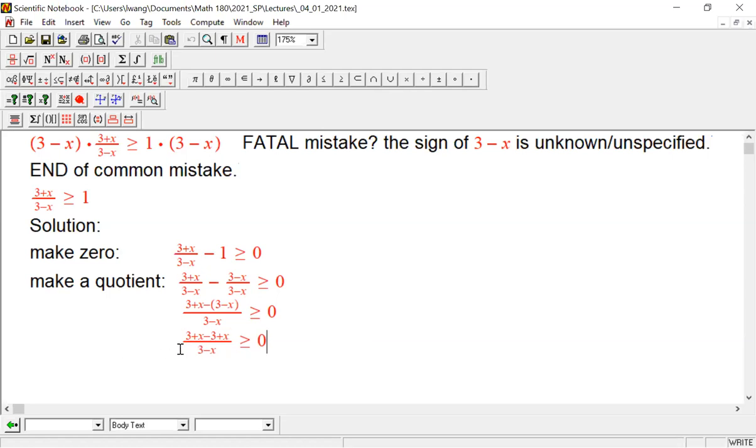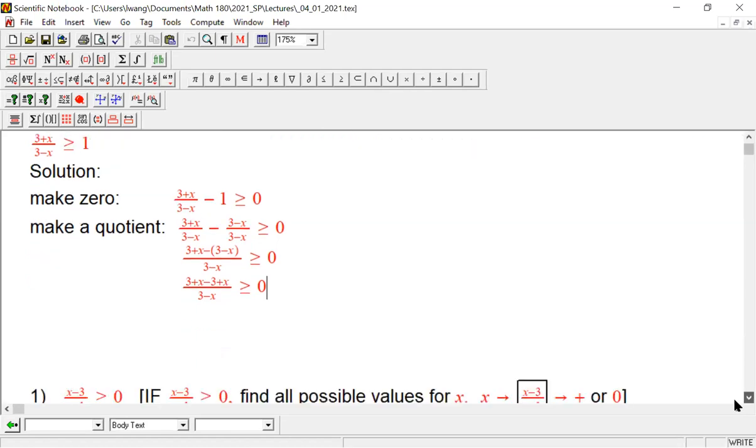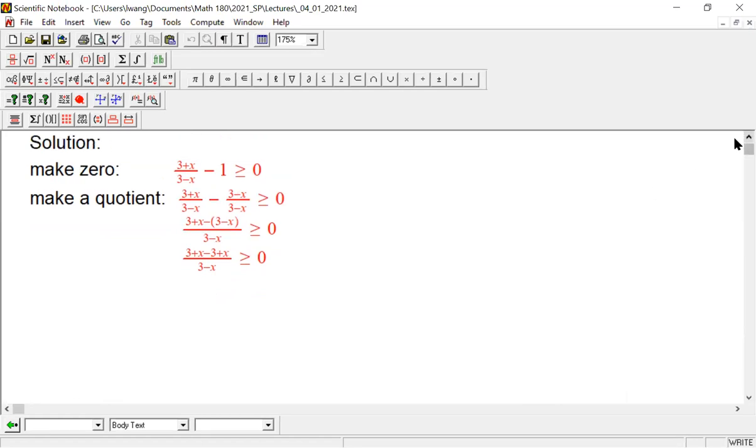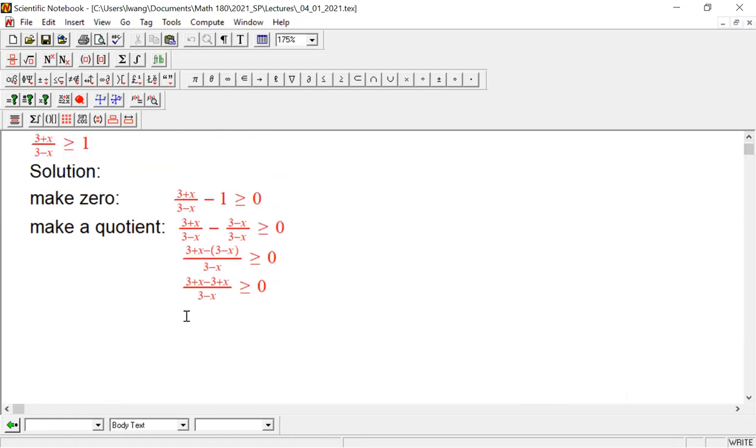A lot of students stumble on these steps. I have given exactly the same question to my classes in the past many times as a quiz question or as an exam question. I have seen students stumble on these steps to make one single quotient.